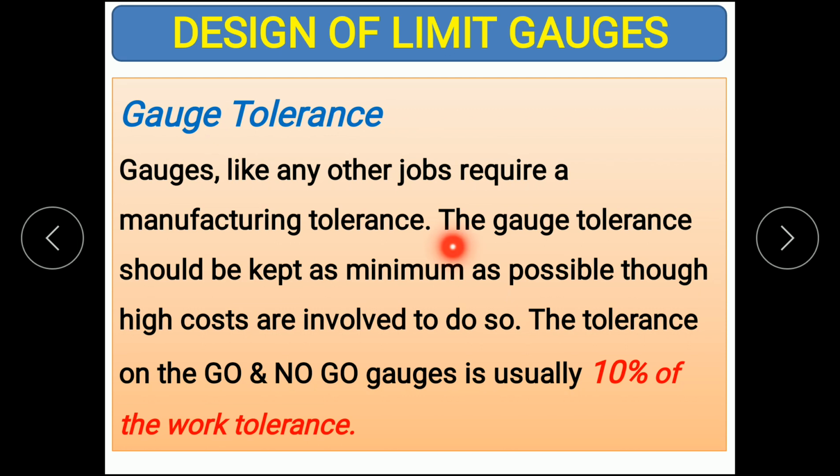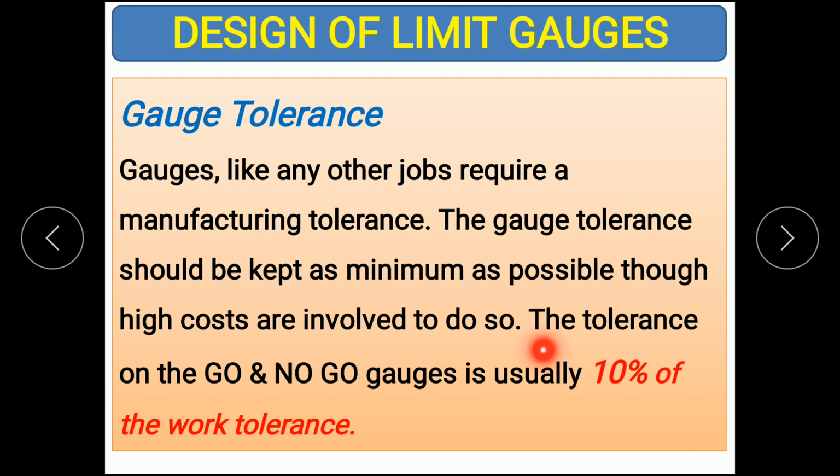The gauge tolerance should be kept as minimum as possible, though high costs are involved. If you keep the minimum tolerance, the manufacturing cost will be high. But you should keep the minimum tolerances.